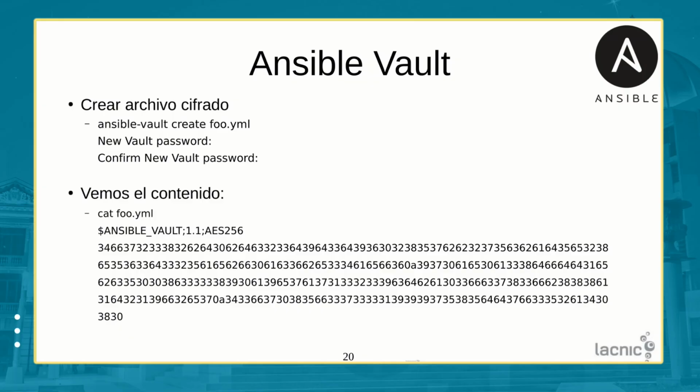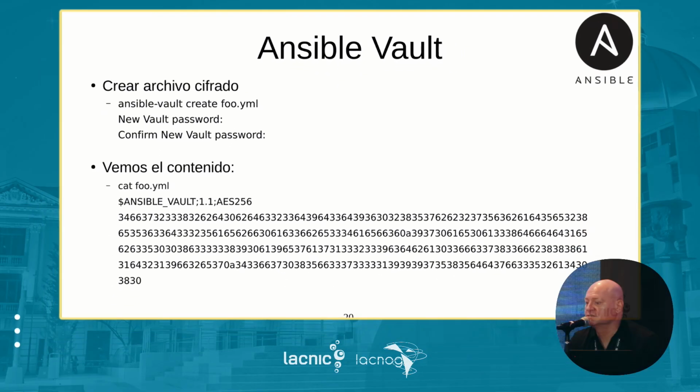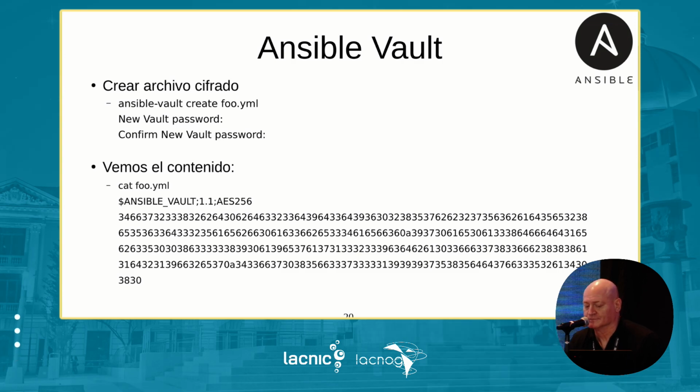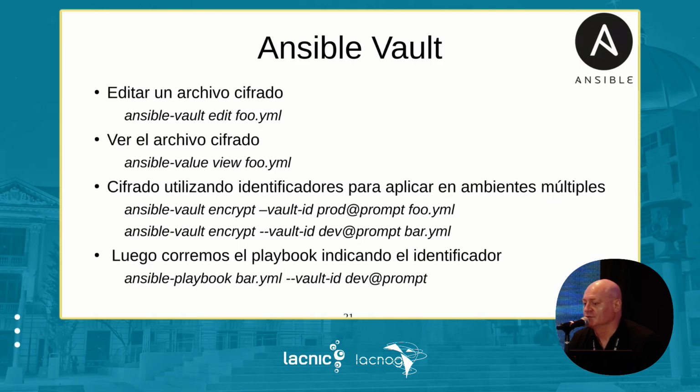So I can encrypt a full file. Like right here, you can see the example. I will execute ansible-vault create. It will ask for a password, and when I confirm the password, I will see that encryption. I can only decrypt it if I have the password.